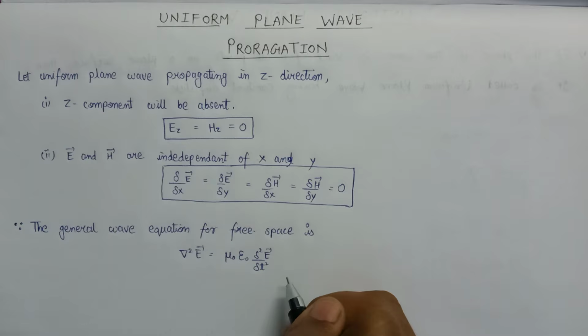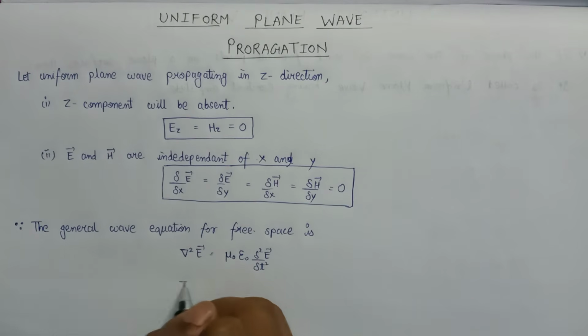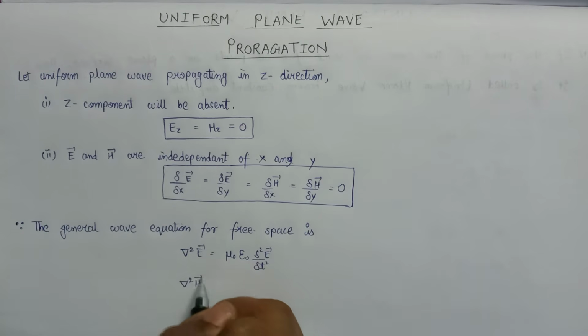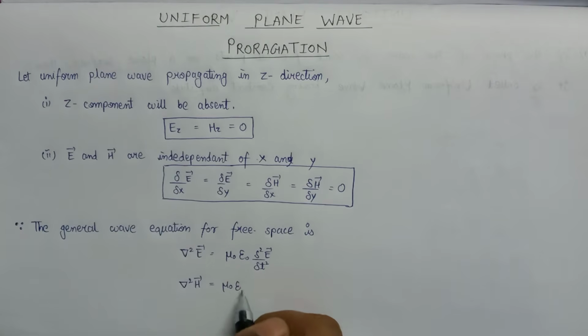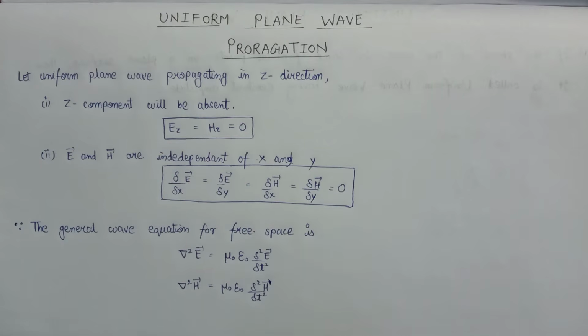This is the first general equation in free space, and in terms of magnetic field intensity, it is given as del 2 H is equal to mu 0 epsilon 0 del 2 H over del t square. So these are the two equations associated with free space.